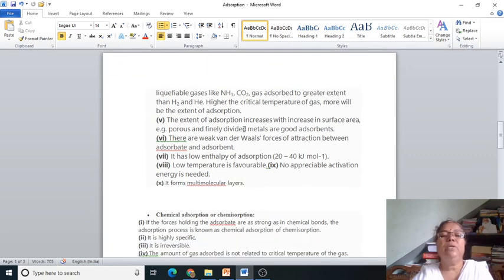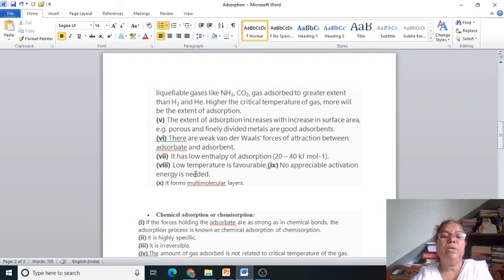Then the extent of adsorption increases with increase in surface area. That is, for example, porous and finely divided metals are good adsorbents. Then there are weak van der Waals forces of attraction between adsorbate and adsorbent. It has a low enthalpy of adsorption, in the range 20 to 40 kilojoule per mole.